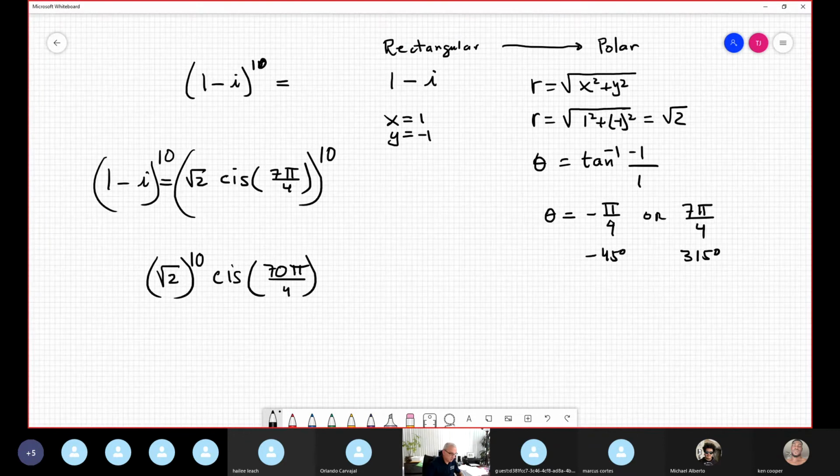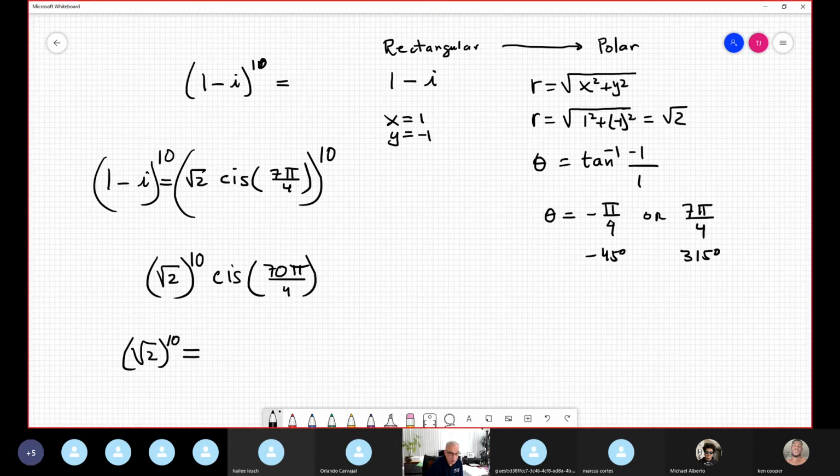Bueno, 70 over 4. Let me see in my calculator. 70 divided by 4 is 35 over 2. Okay, so actually we have, well, radical 2 to the 10th power.